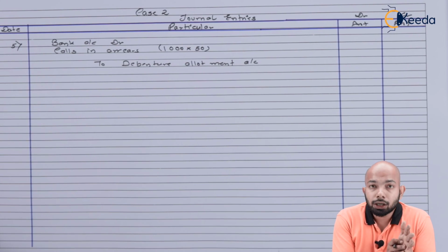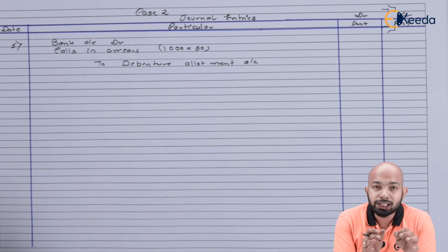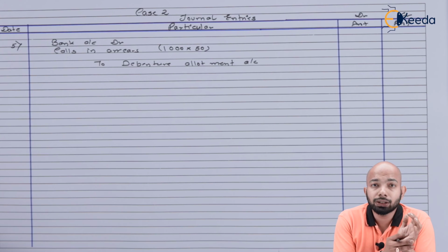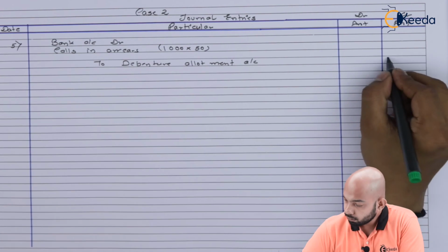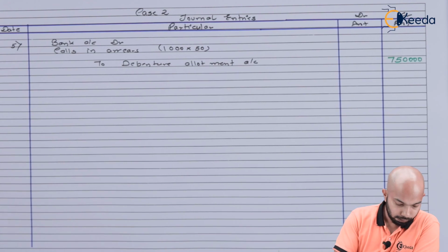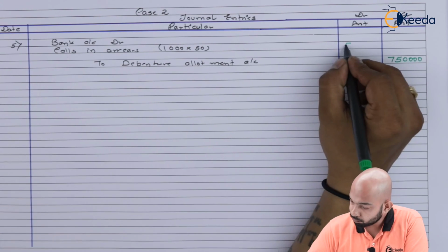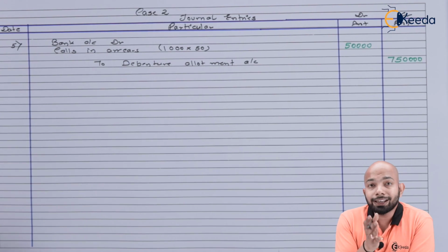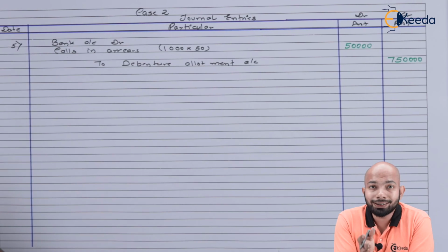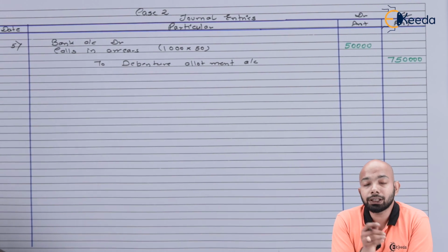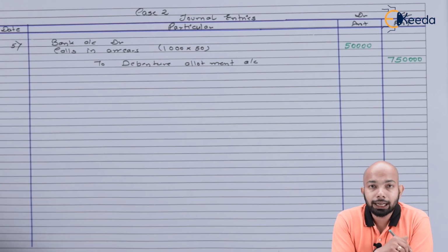Now, when it comes to debenture allotment, we're supposed to expect around 7,50,000. So let's mention that on the credit side here. So out of 7,50,000, 50,000 is the calls in arrears. That means whatever we have received here is a total of 7 lakh rupees.